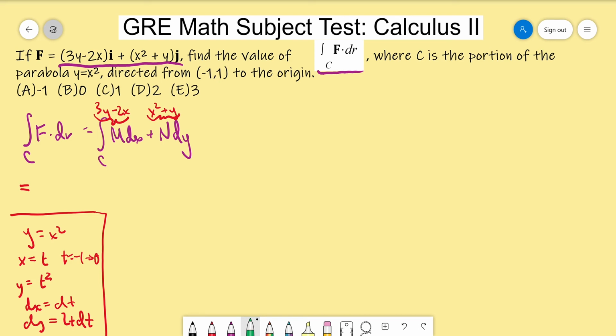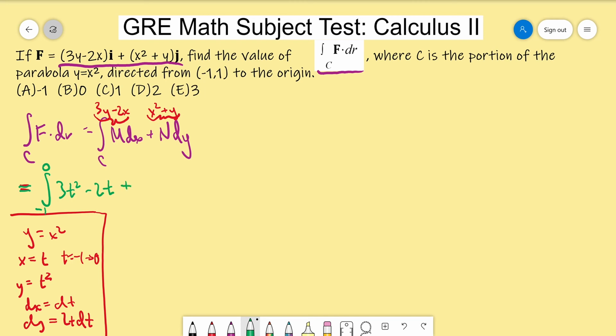Okay, so now we can rewrite everything in terms of t. What do we get? First of all, our integration is going to be from t equals negative 1 to t equals 0. Now 3y is going to be 3t squared, minus 2x is going to be minus 2t.